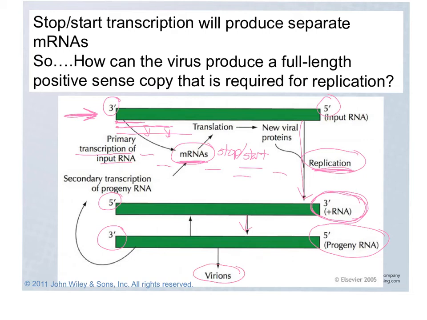We have to shift the focus of the virus from transcription to replication. And the way that this virus is going to do this has to do with the N protein, that very first protein in the genome that we make a lot of.